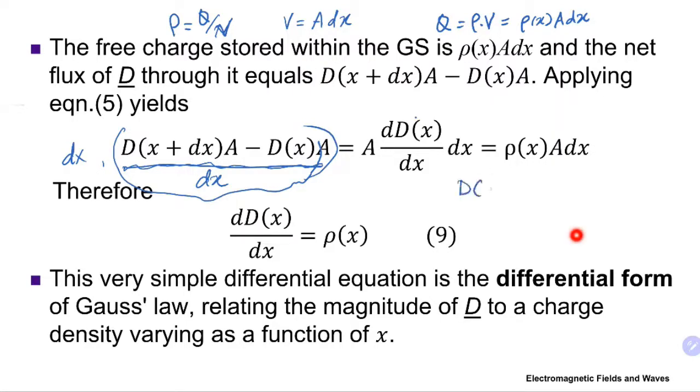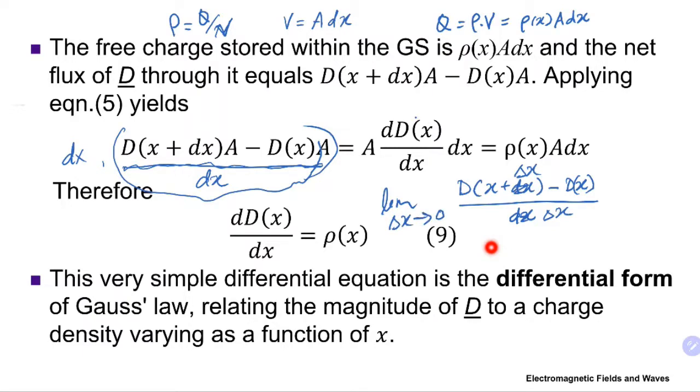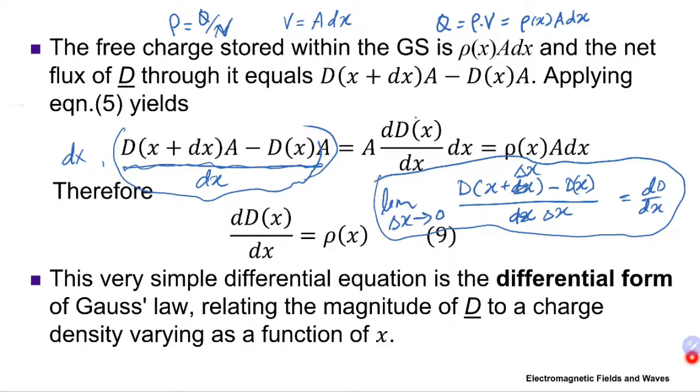So if I take my D(x+dx) minus D(x), with the limits, normally we put delta x and then divide by delta x with delta x limiting to 0, and this becomes dD over dx, and that is what we normally learn about differentiation.